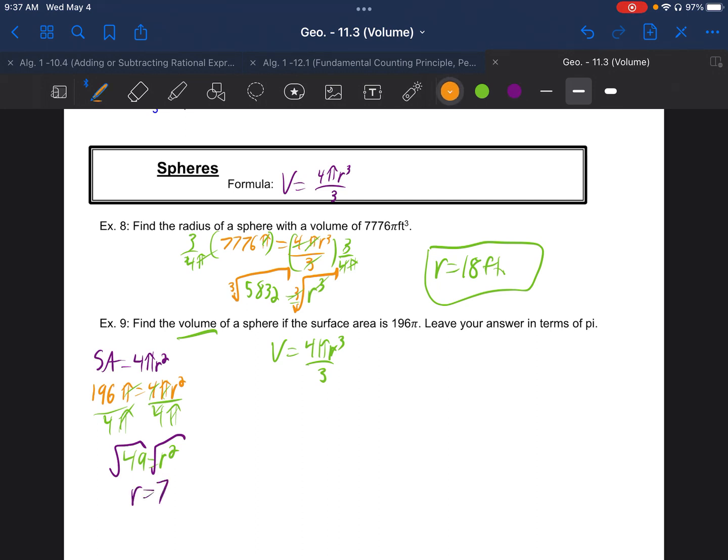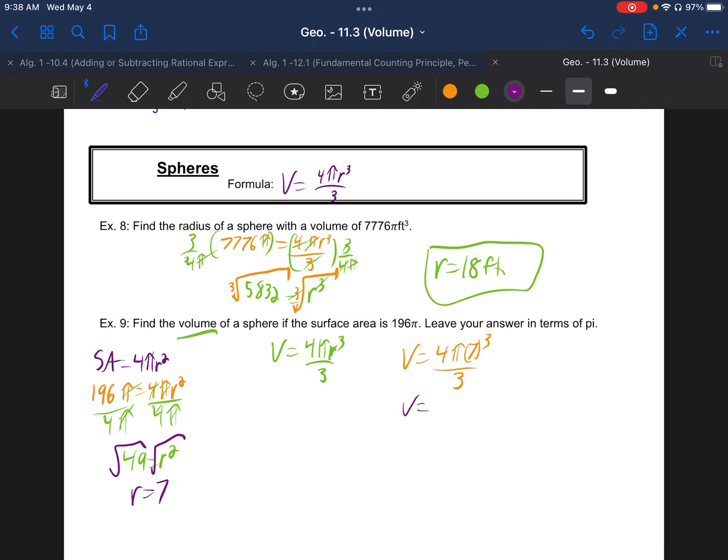So now we take this radius and we're going to plug it in to the volume formula. So volume is equal to 4 pi 7 cubed over 3. So if we take 7 cubed, that'll be 343.